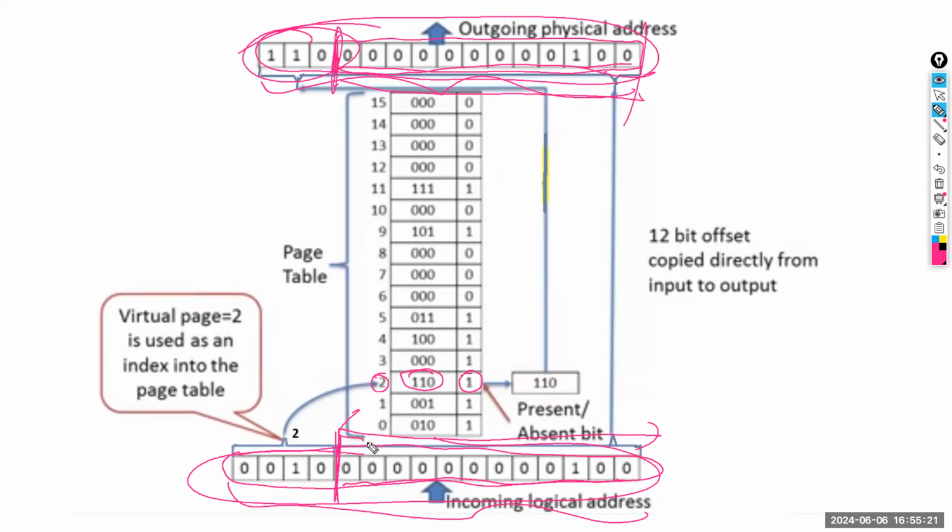And remember, physical memory is smaller, so it has a smaller number of frames. Logical memory is bigger because we consider logical virtual memory also as part of the logical memory. So for a smaller physical memory, there is a smaller number of frames, because this is the frame number.